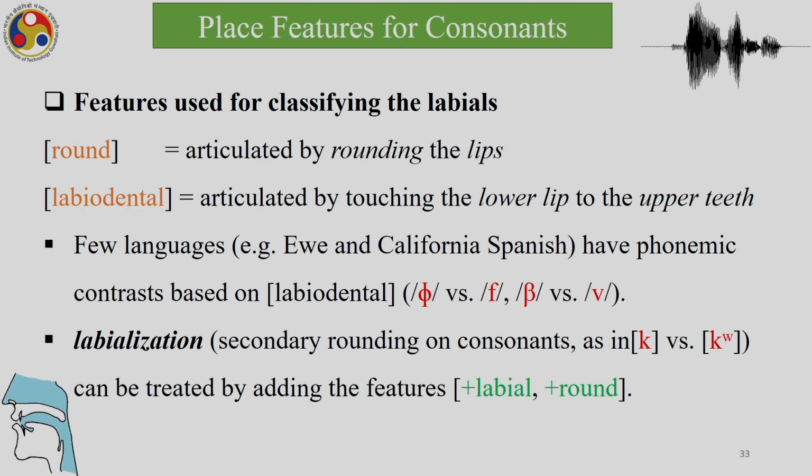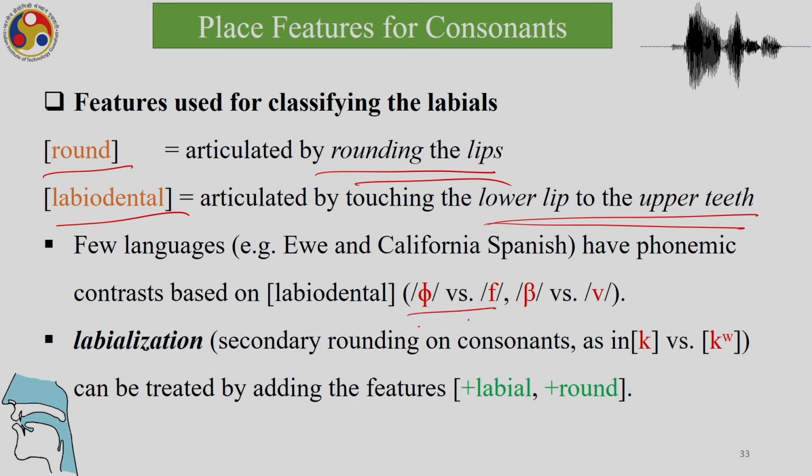In features such as round or labiodental, round is produced by rounding the lips, and labiodental involves touching the lower lip to the upper teeth. A few languages have a phonemic contrast based on labiodental, like Spanish f versus f and v versus v. Then we have labialization, where even a stop sound can have a secondary labial articulation.